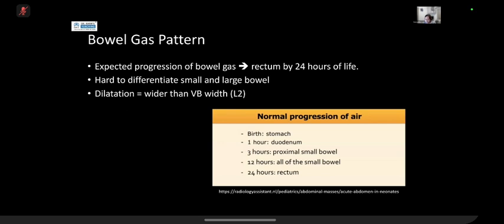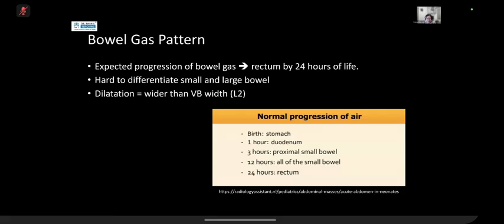So if a baby is being imaged quite early and you don't see gas within the small bowel, you're not going to call it bowel obstruction, but you're just going to have to correlate it with how old the child is, or the time from birth. The Radiology Assistant has given a very helpful table of the timing of progression of bowel gas. So just remember, by 24 hours you should expect to see some gas in the rectum.